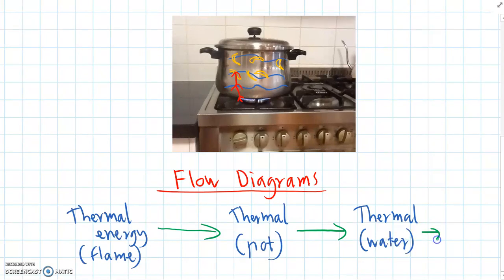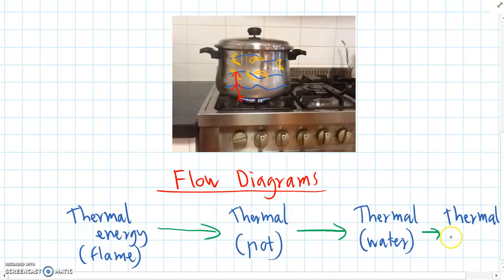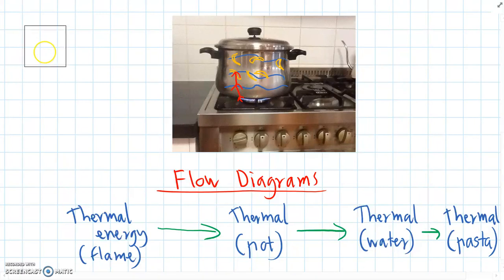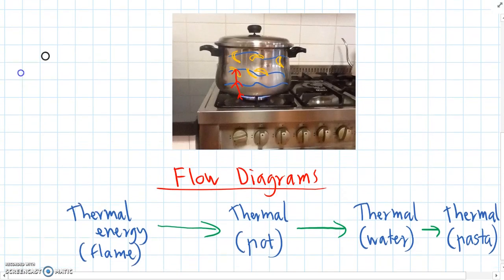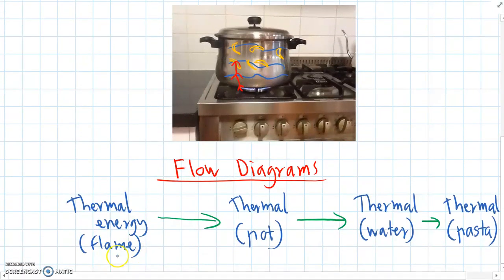And lastly, the water heated up the pasta, so then the thermal energy must have gone from the water to the pasta. So a flow diagram shows the different locations where the energy is and how it moved between those objects.